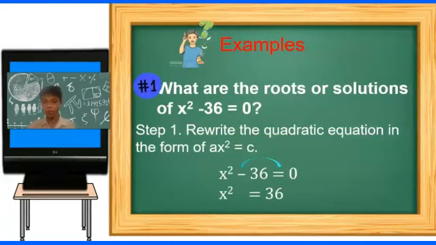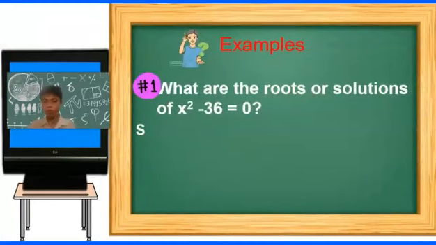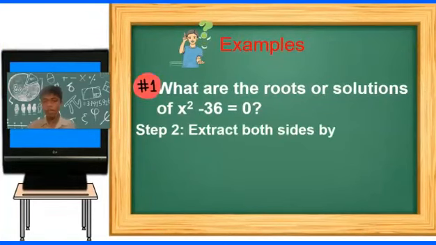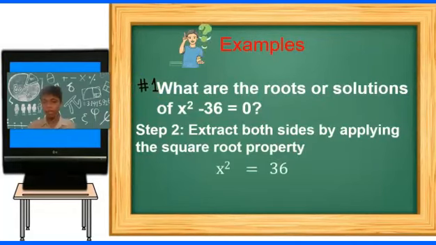For step 2, extract both sides by applying the square root property. So, the equation now is x squared is equal to 36. So, lalagyan natin ng square root both sides. Then, what will be the square root of x squared? Okay, x.